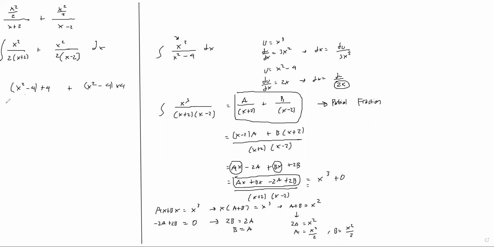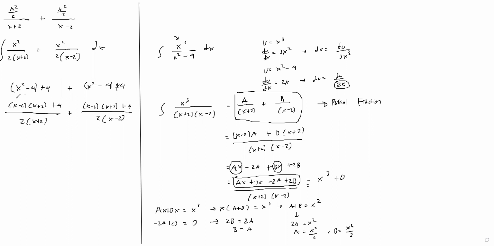So I'm going to end up with x minus 2, x plus 2, plus 4, and then divided by 2, x plus 2. Added again by x minus 2, x plus 2, plus 4, and then divided by 2 bracket x minus 2.